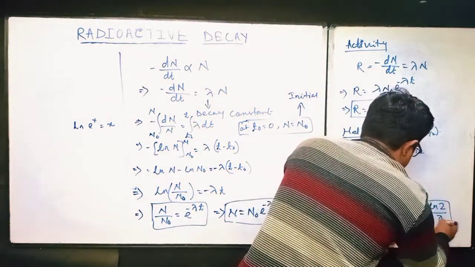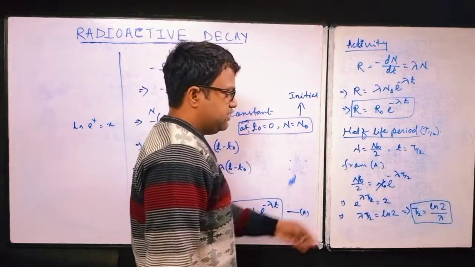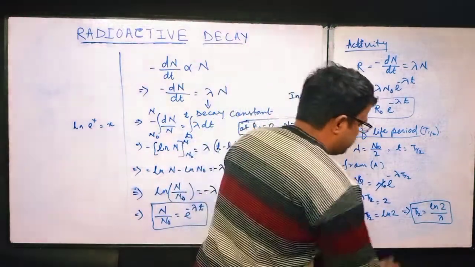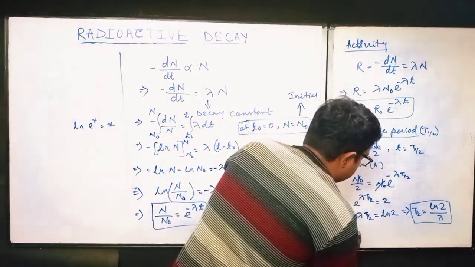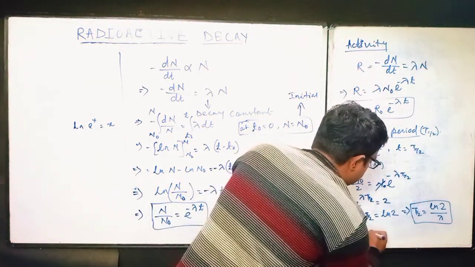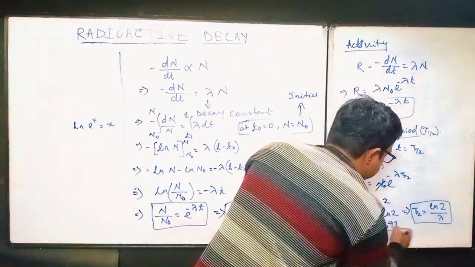Very important result. Many times we use it when we solve numericals. Or you can write t half equal to 0.693 by lambda, since ln 2 value is 0.693.